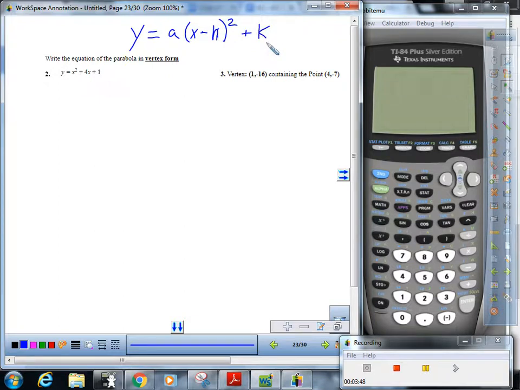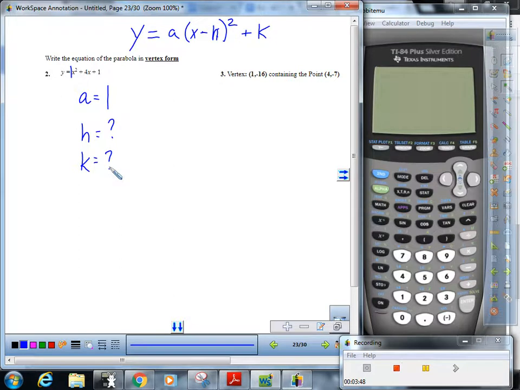Okay? I can tell you this, on our test, A is going to equal 1. That's the number in front of the x squared. So we know that A equals 1 in this one. What we need to find is h, and we need to find k.